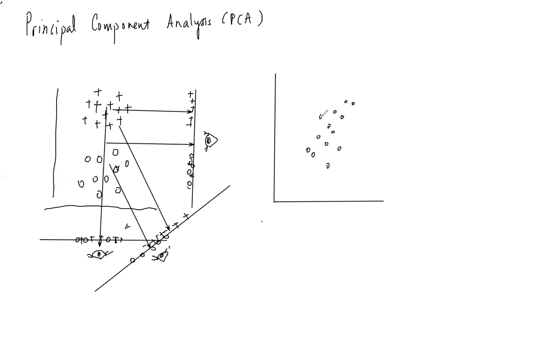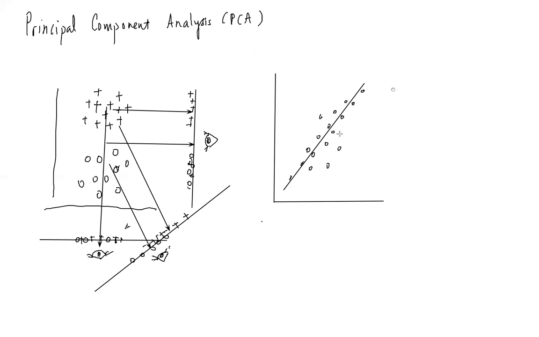If you find a regression line that goes through the data like this, maybe you just think of it as a linear line.